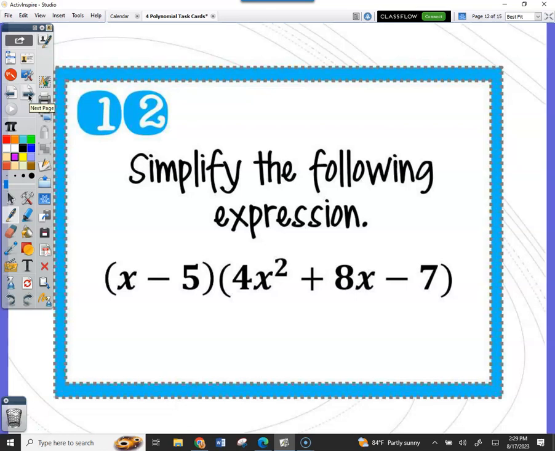Simplify. This is a binomial times a trinomial. So you could do the box method with a 2 by 3 or a 3 by 2, either one. Or you could do the split, beep, repeat, beep, and then 4x squared plus 8x minus 7.